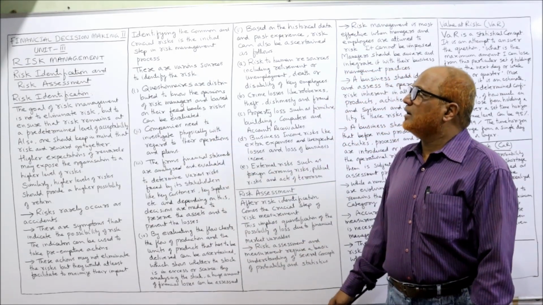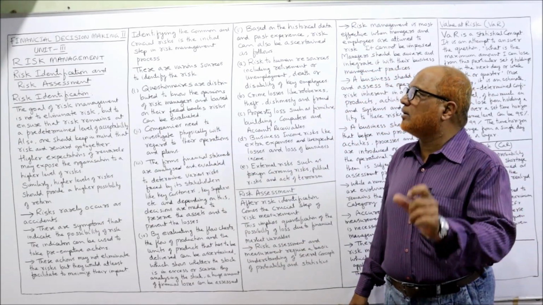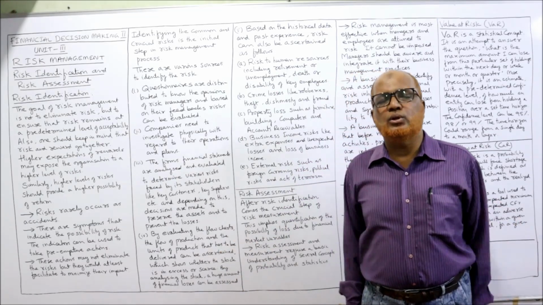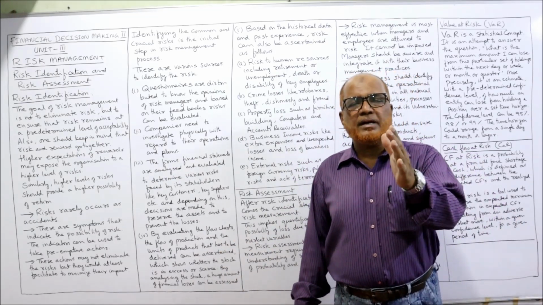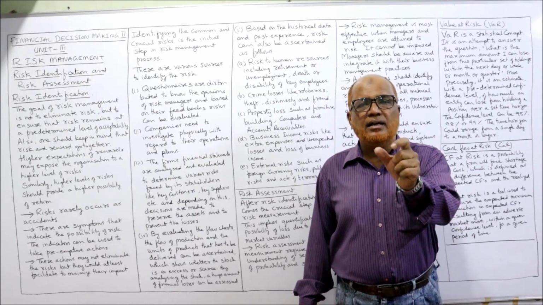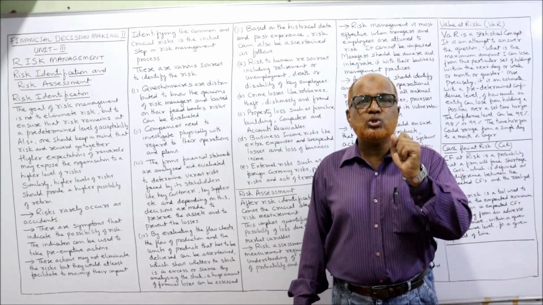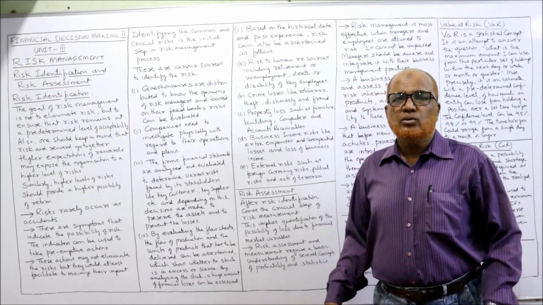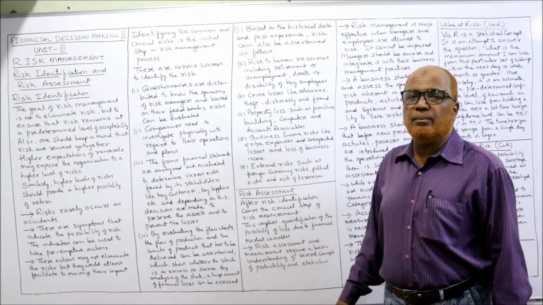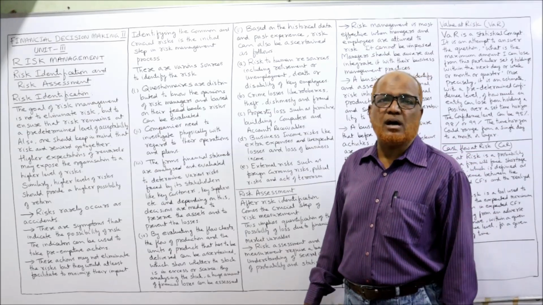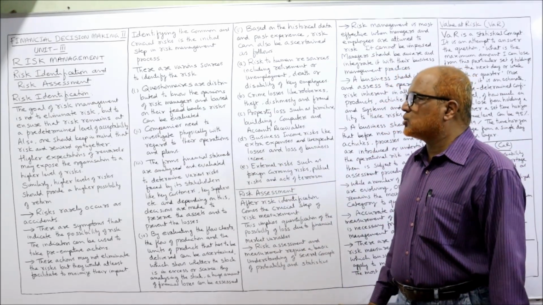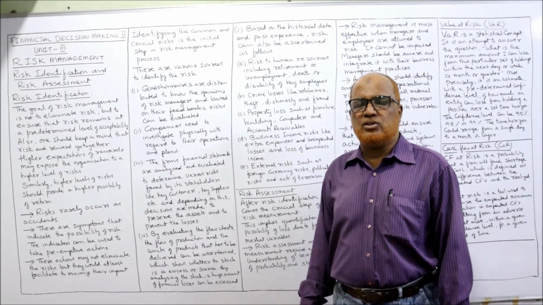Now, identifying the common and crucial risk is the initial step in the risk management process. Just now I told you the first aspect in risk management is identifying the crucial risk which every business has to face. So what are the indicators, how can we know that risks are there? The first is that questionnaires are distributed to know the opinion of risk managers.